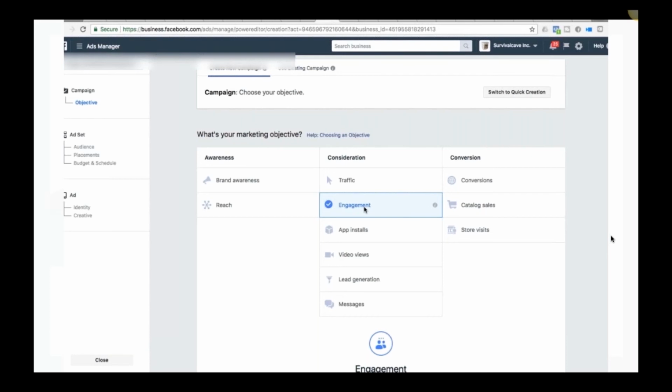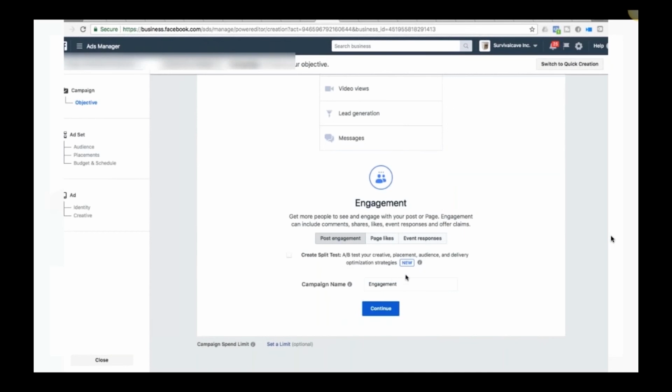So I'm going to click on this engagement right here, and down here, I may put engagement top countries. And I happen to know what that is. It's the ones I just mentioned to you, which is going to be the Philippines, India, and Pakistan. There's probably more out there, but those are the ones I just picked because they're really cheap.